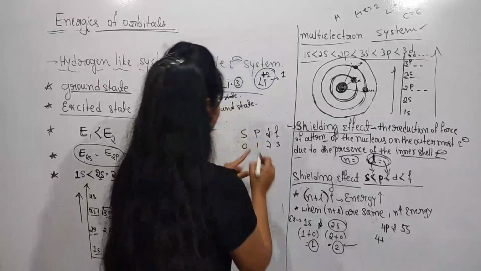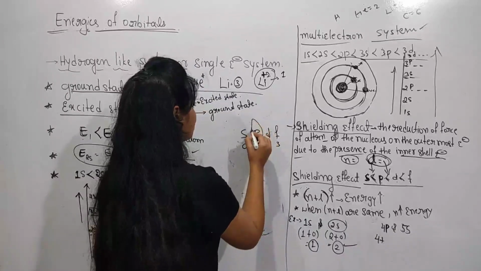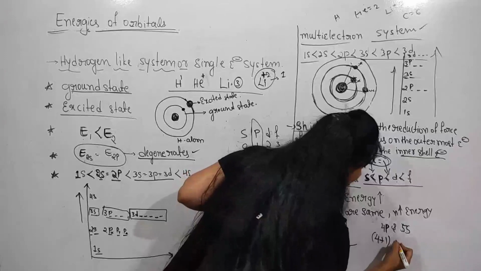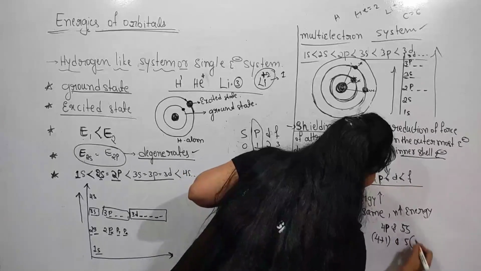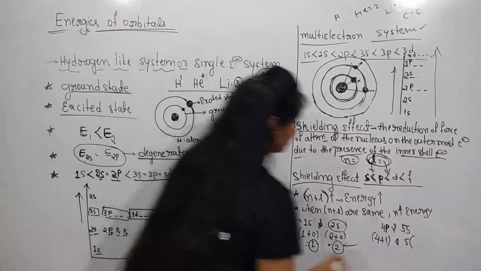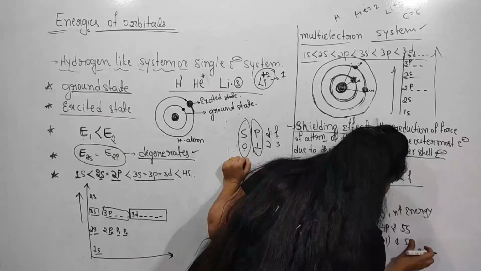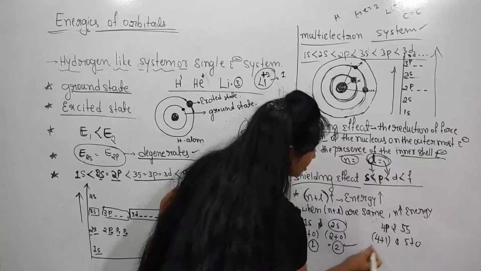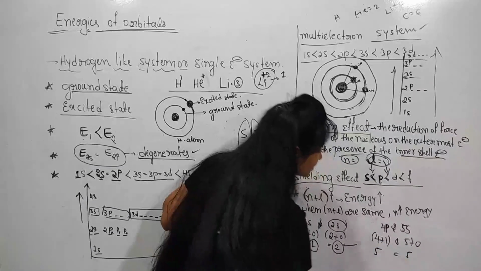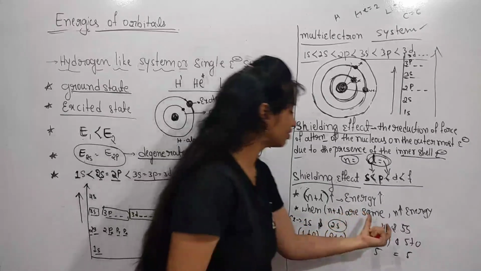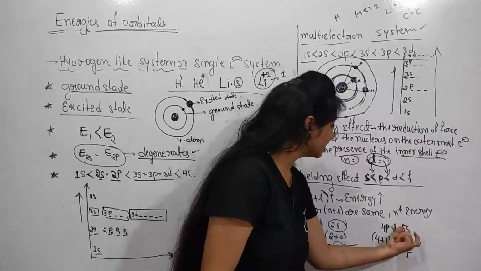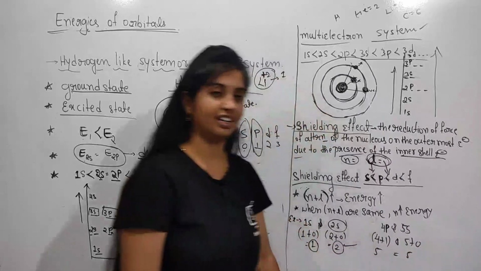For a p orbital the value is 1, so 4 plus 1, and for 5s the value of s is 0, so 5 plus 0. 4 plus 1 is 5 and 5 plus 0 is 5. So for the 4p orbital we have the value 5, and for the 5s orbital we also have 5.